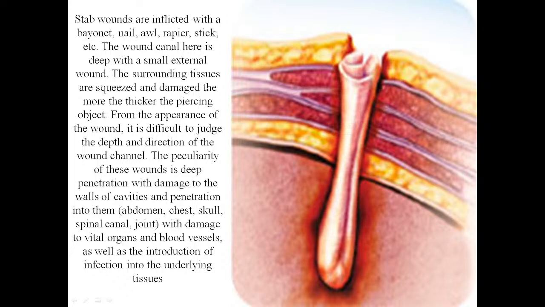The surrounding tissues are squeezed and damaged, more so the thicker the piercing object. From the appearance of the wound, it is difficult to judge the depth and direction of this wound channel.